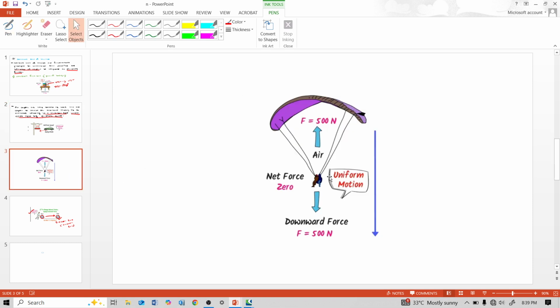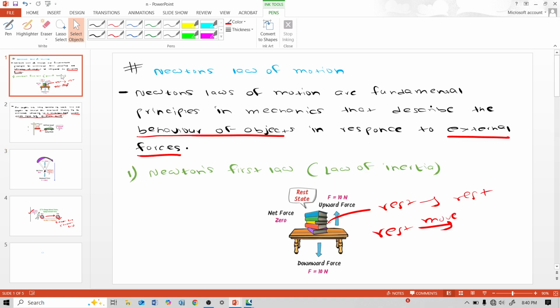See, this is a parachute with a man, and the downward weight is 500 kilonewton and the reaction is 500 kilonewton, and this is in uniform motion. So this will always be in uniform motion unless and until something acts on it. That is Newton's law of motion.